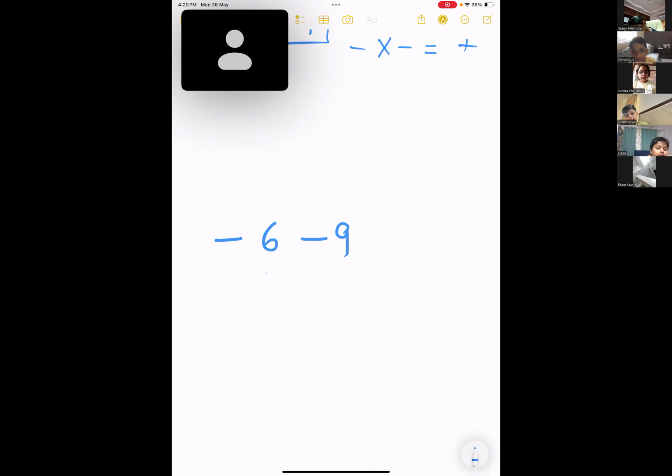Ma'am, we need to add. Okay. So 6 and 9 becomes 15. And do you think we need to even work on the symbol? Yes, ma'am. What will be the symbol? Ma'am, it would be minus only. It's going to be -15.